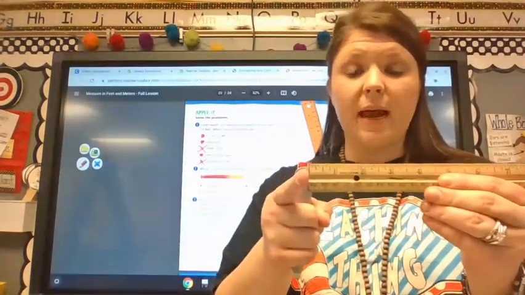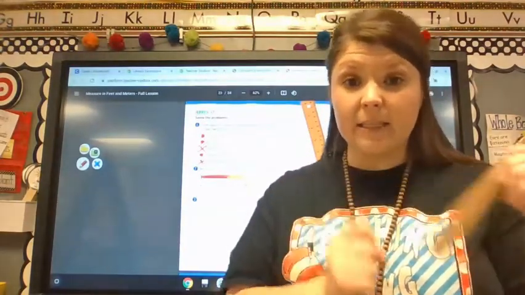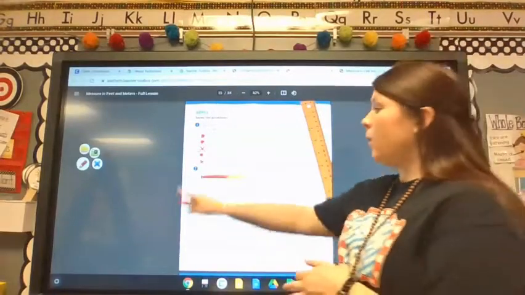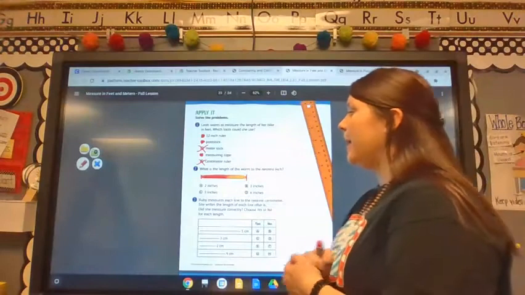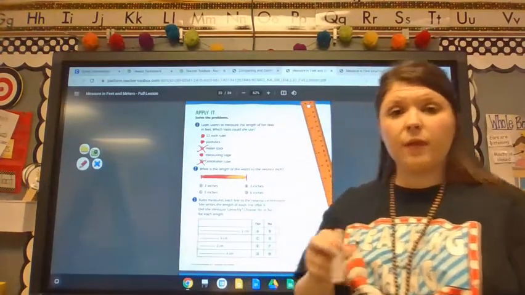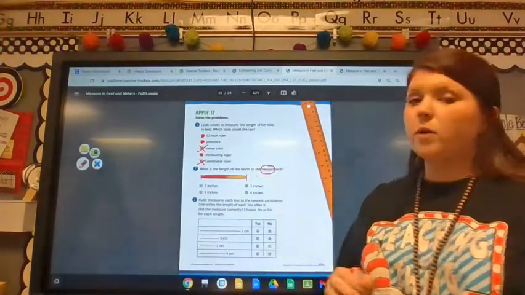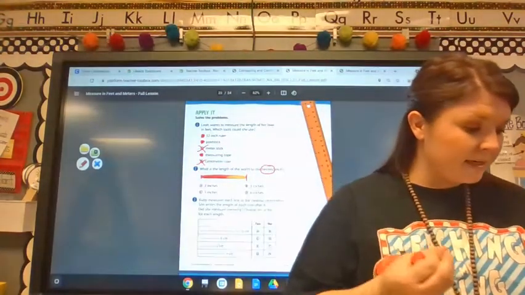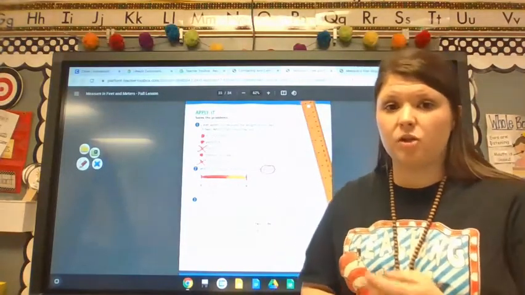If our ruler doesn't have a 0, remember it's assumed that the 0 is at the end, okay? Then we go all the way across to where the item ends at the right to see how long that item is. We're looking for that number underneath. Okay, and remember it says nearest, so we want to know the closest inch. Okay, all right, go ahead and answer that. When you're done, you may unpause the video to check.